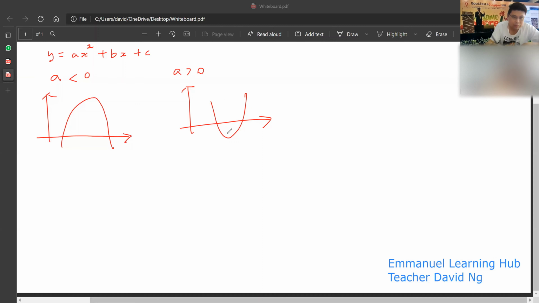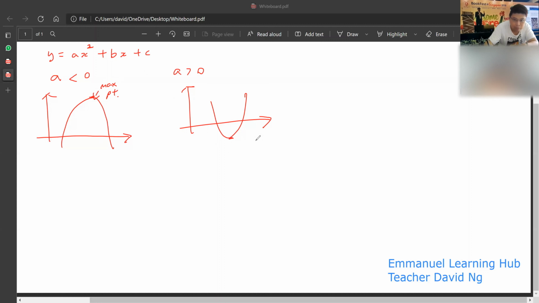Okay? So now you know a affects the shape of the curve, whether it's U shape or N shape. Am I right? So if it's an N shape, it's a maximum point.